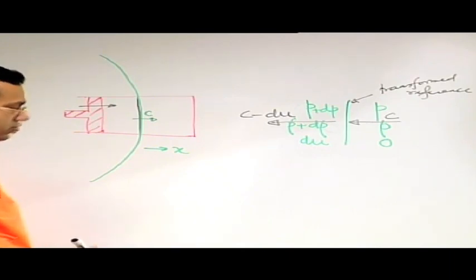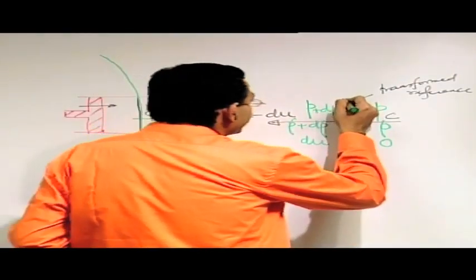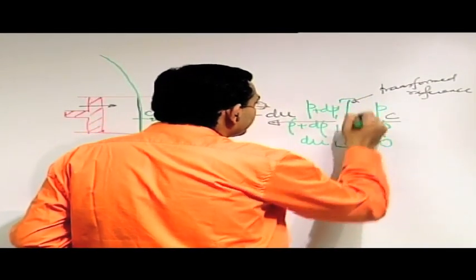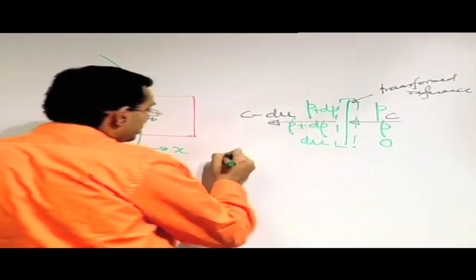Now, what we will do, we will write equations of mass balance and momentum balance for a control volume that surrounds this particular front. First of all, mass balance, so conservation of mass.